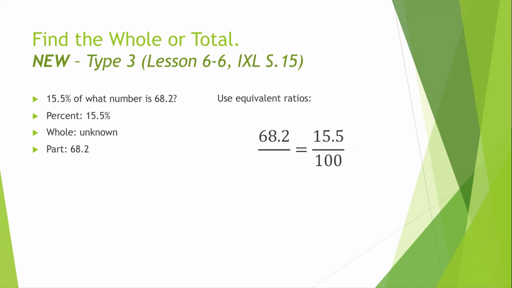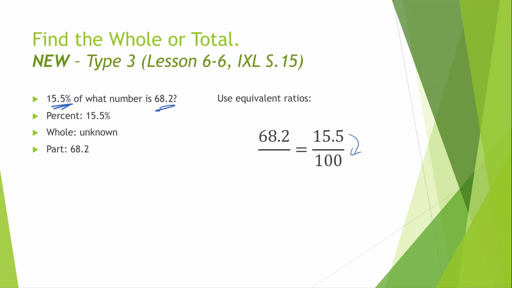And then it even works when we have decimals in our problem. Don't be scared. It still works. 15.5%. I mean, trying to get from 15.5 to 100, again, doesn't really work out nicely. You get a really long decimal.